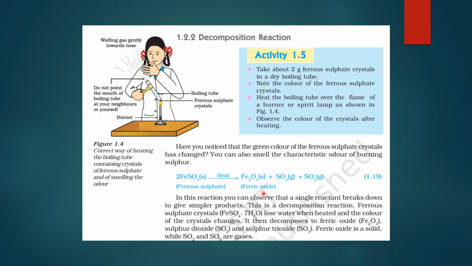Fe2O3, ferric oxide, will be solid, left in the test tube, and SO2 and SO3 are released as gases. Due to that you get the characteristic odor, sulfur जैसा आपको एक smell आता है, due to the release of SO2 and SO3.